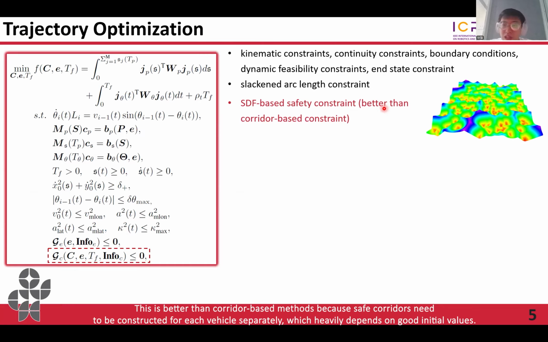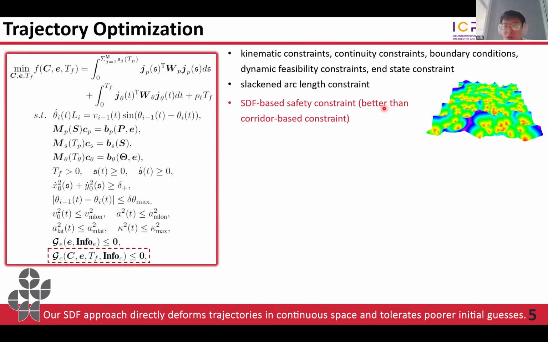This is a better way than the corridor-based method because safe corridors need to be constructed for each vehicle separately, which heavily depends on good initial values. Our SDF approach directly deforms the trajectories in continuous space and tolerates poor initial guesses.